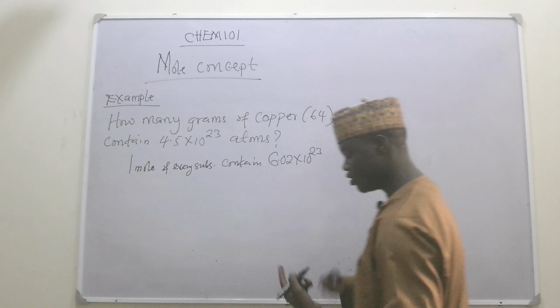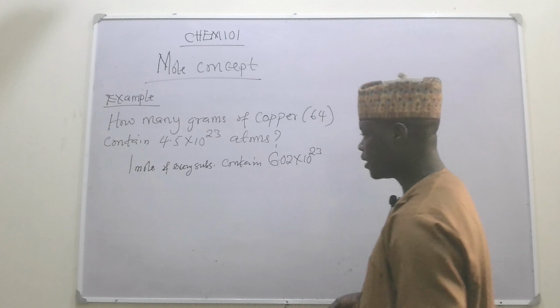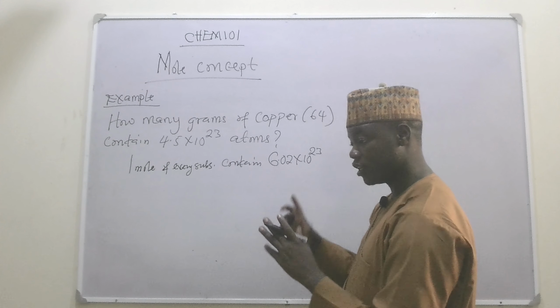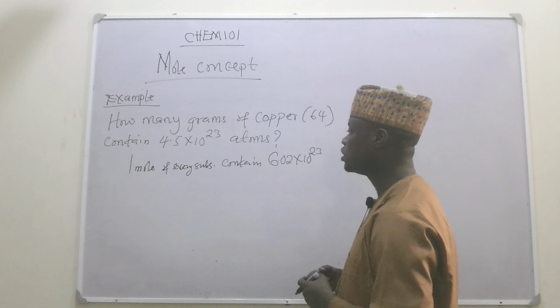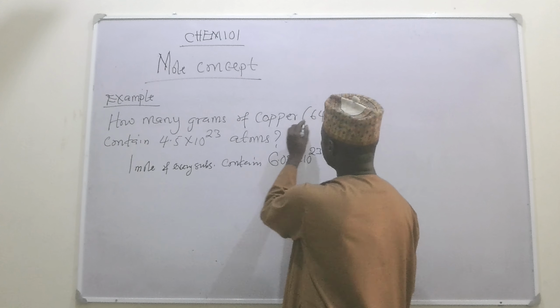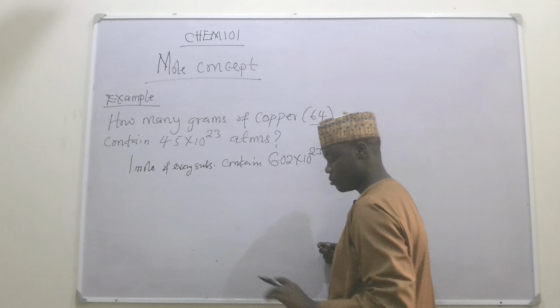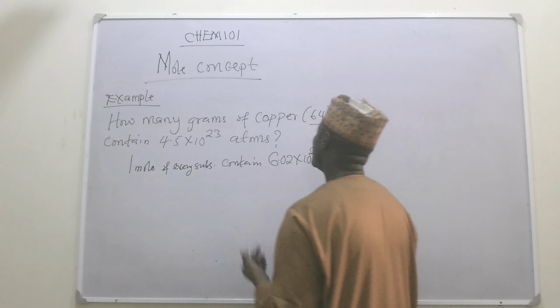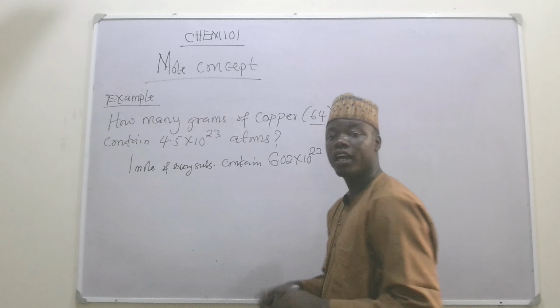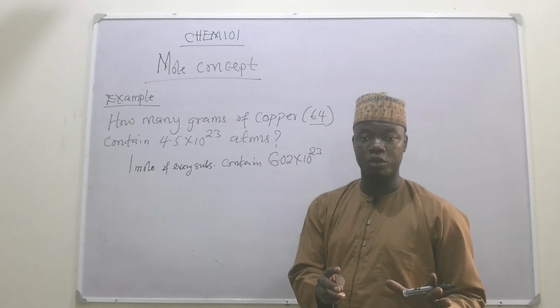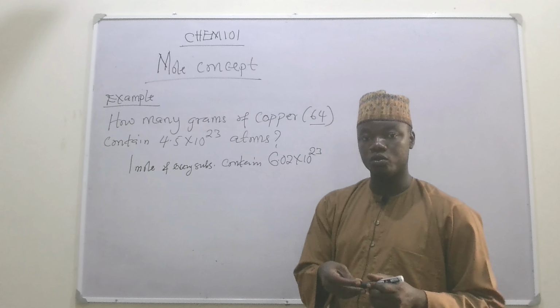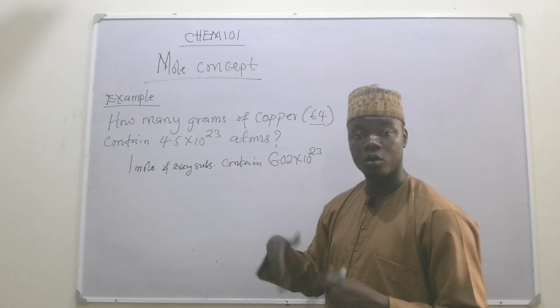Under ideal conditions, the mass of copper is 64 grams. There are two ways that you can do this calculation, and let me apply both methods so that at least you will know how to solve such kind of problem.